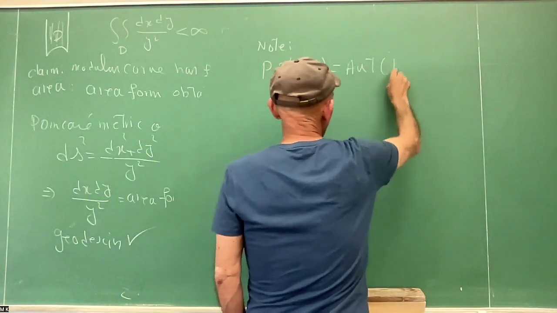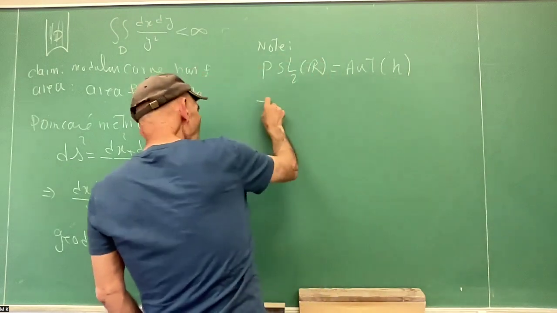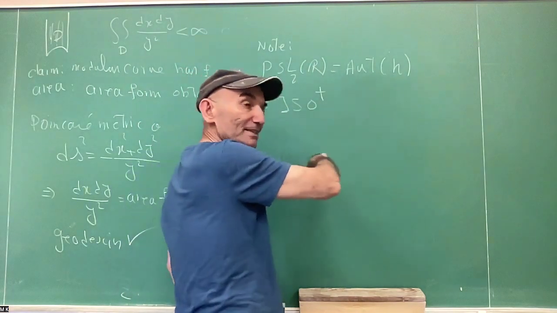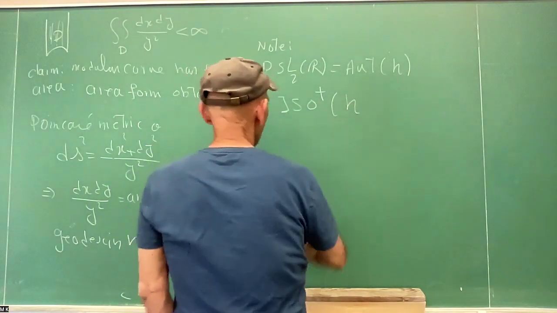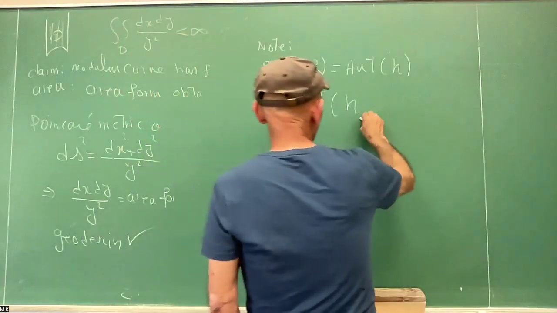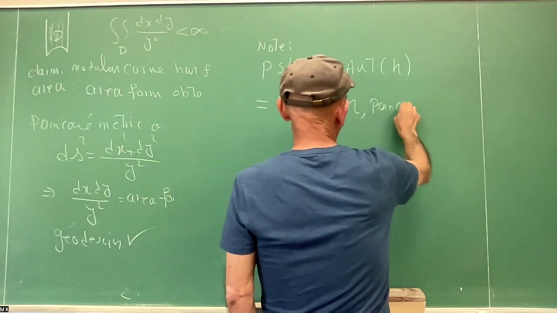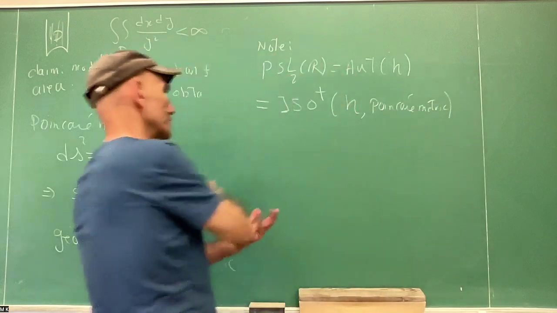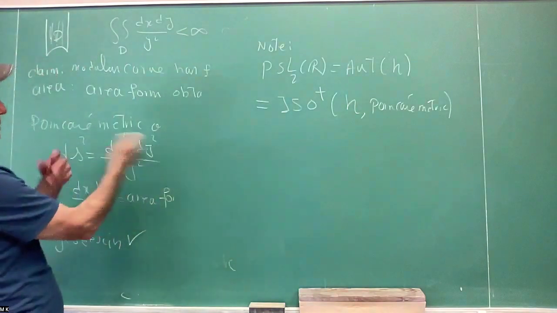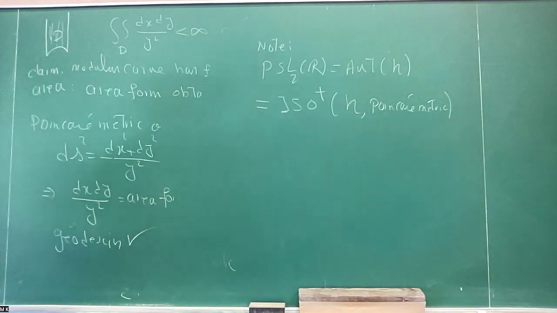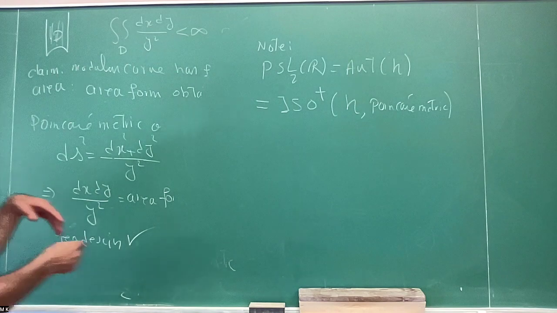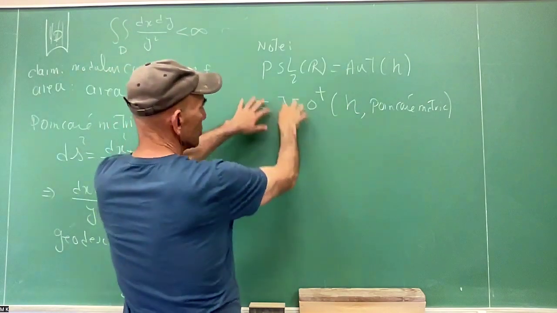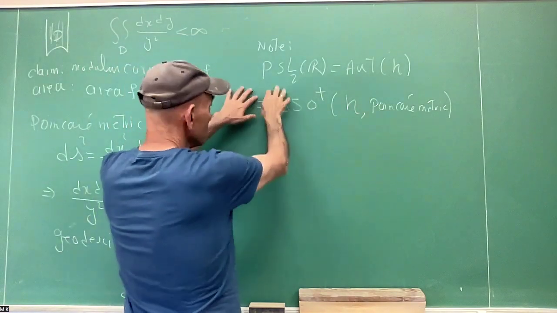But that's exactly the group of orientation preserving isometries of this Poincare metric. Of course, you can always go to orientation reversing by multiplying by one orientation reversing thing. So it gives a doubling, but if you stick to orientation preserving, this is exactly it. So this is a relation between Riemannian geometry and complex geometry in this picture.